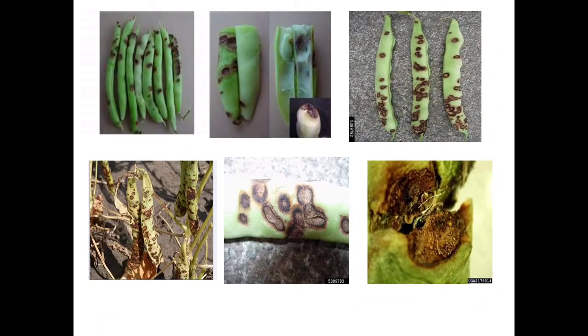In pods you can see the brownish color margin and corky appearance or cankerous growth also seen in case of severe infection. And in such lesions there is a certain type of asexual structure produced by this pathogen, that means acervulus.